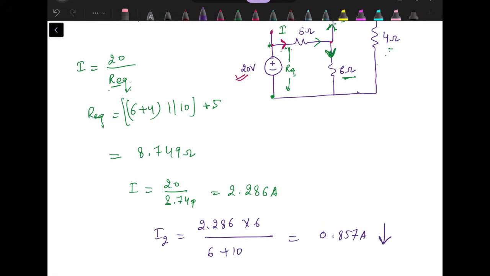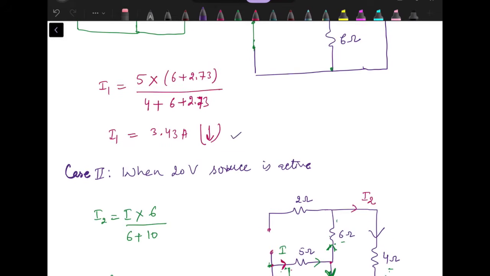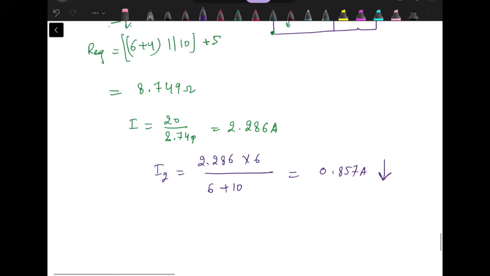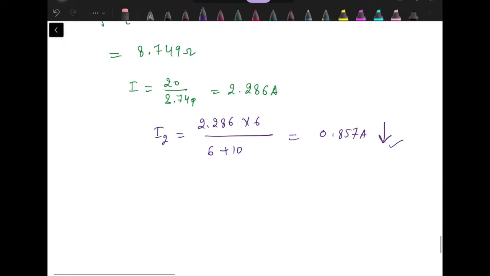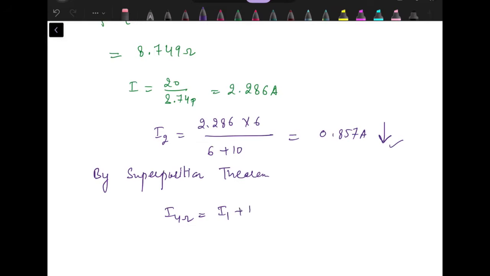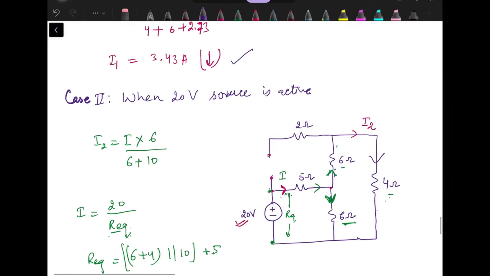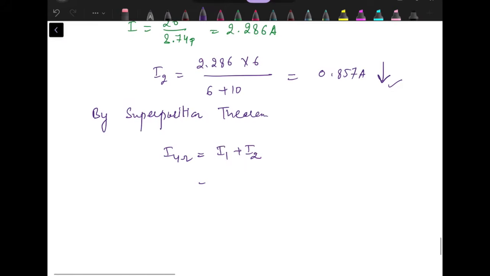So it means both the currents, one because of the current source, the second because of the voltage source, are in the same direction. So by the superposition theorem, I 4 ohm will be equal to I1 plus I2. The answer for I1 was 3.43. I2 is 0.857 ampere. So it becomes 4.29 approximately.